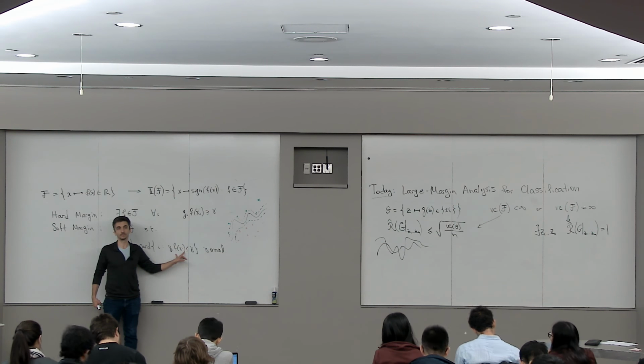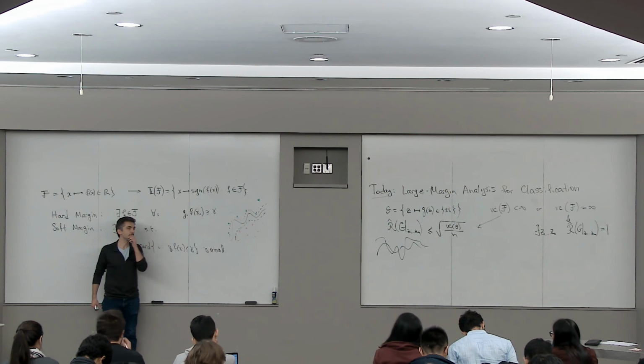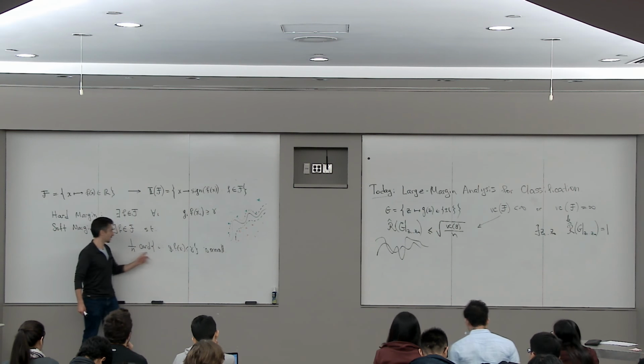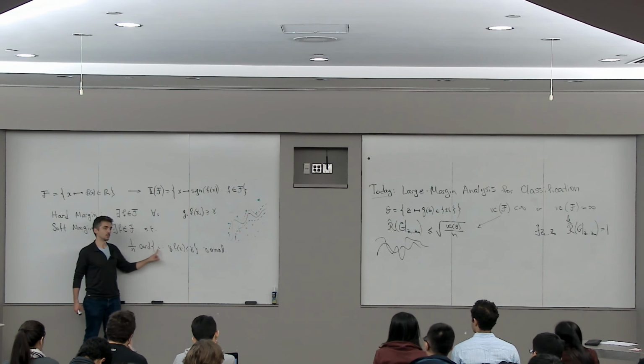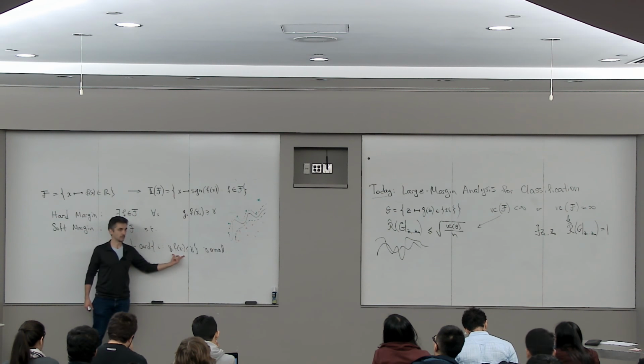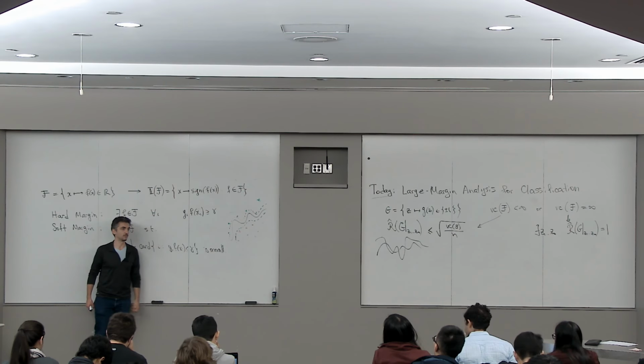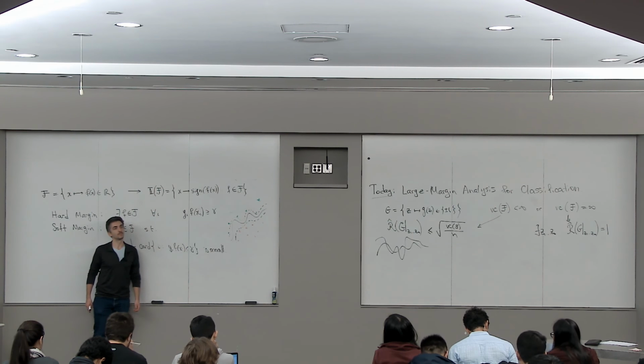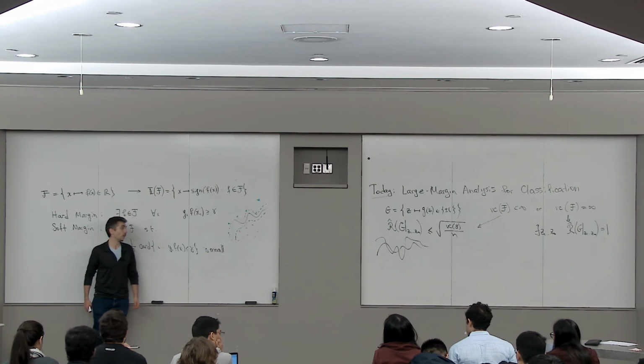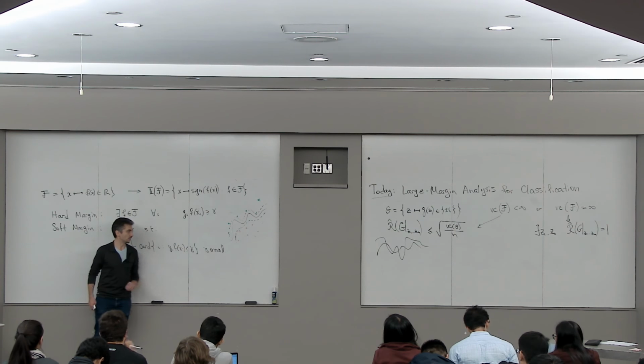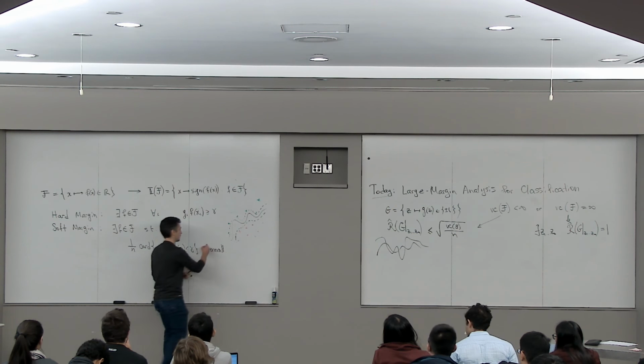Good. How do you define the cardinality of this? Cardinality is just counting. Just go through all the points and check if it's less than gamma. Do you have a specific formula for how small is small? No, I don't. So let me put it in quotes.